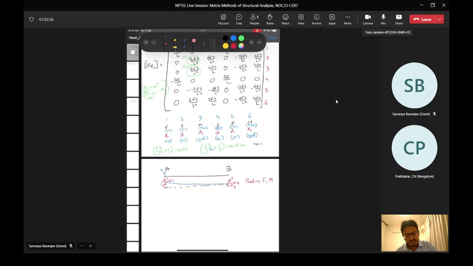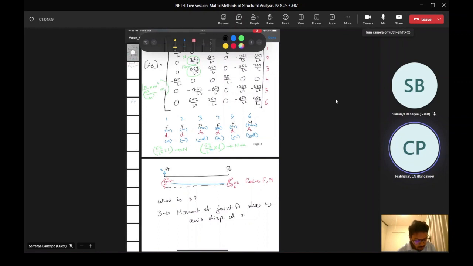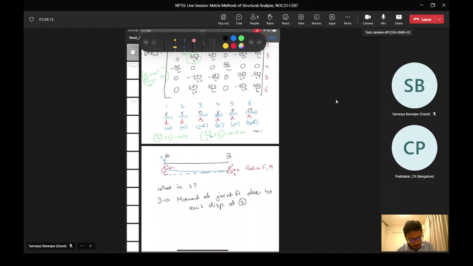Now we are getting more specific. What is 3? 3 represents the moment at joint A, that is clear. Due to what? Unit vertical displacement at 2. So what should be our units for 3?